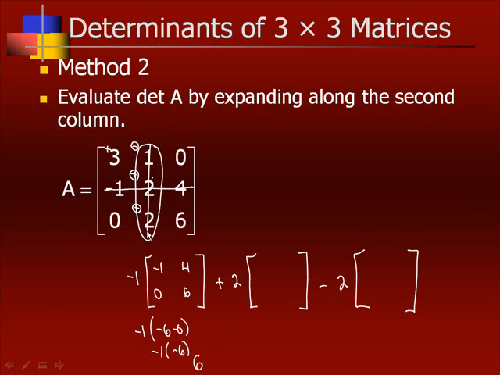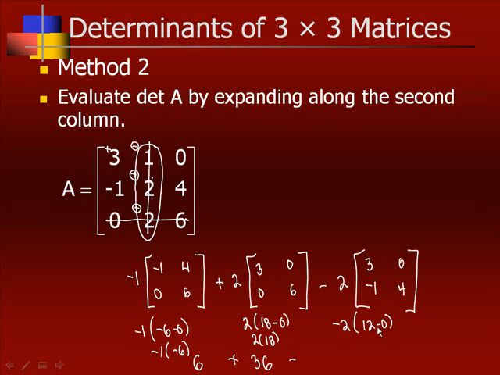We mark out the row and the column that 2 was in, which leaves us 3, 0, 0, 6, which would be 2 times 18 minus 0, which is plus 36. Then we're going to do the last 2. We mark out the row and the column that contain that 2. We get 3, negative 1, 0, and 4. So that's negative 2 times 12 minus 0, which would be minus 24.